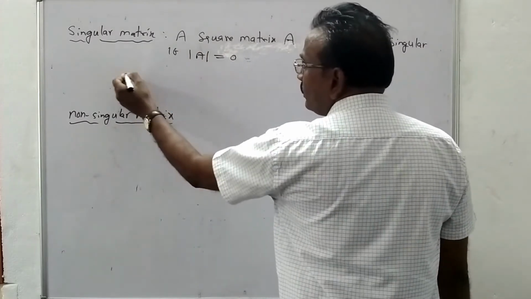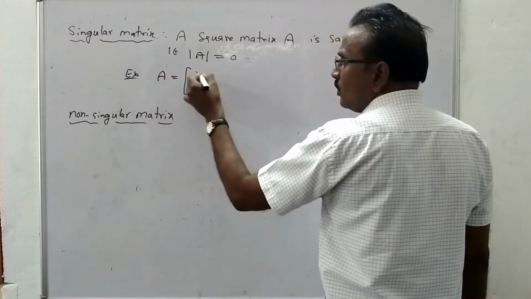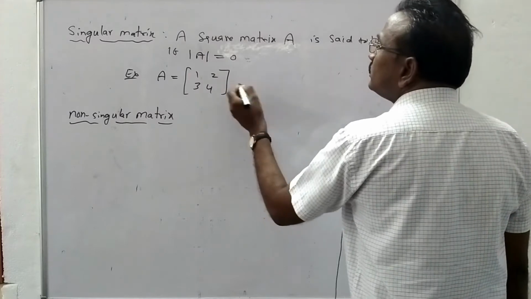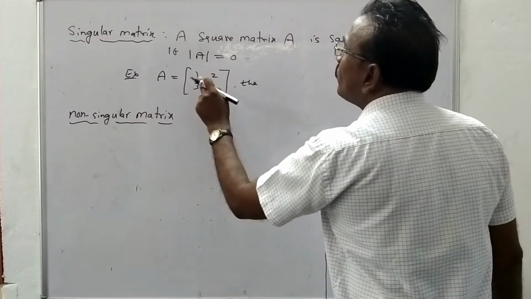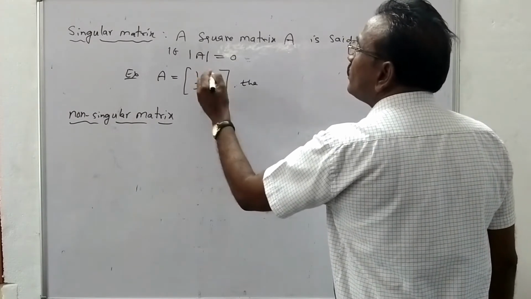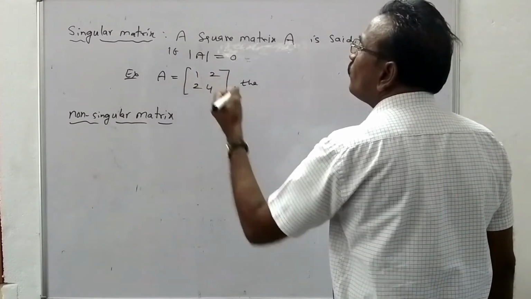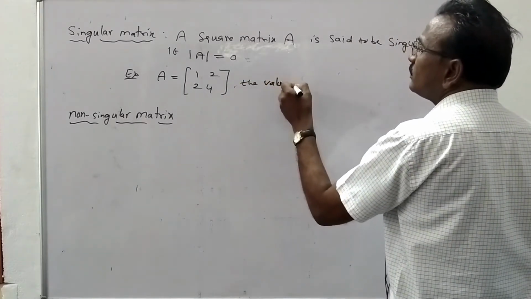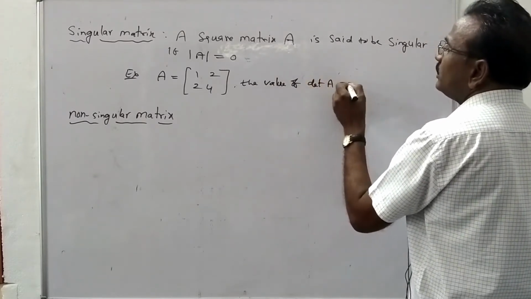For example, here A is equal to 1 2, 2 4. The value of the determinant is 1 into 4 is 4, minus 2 into 2 is 4, so the value of the determinant of A is equal to 0.